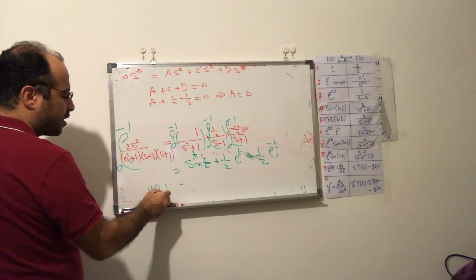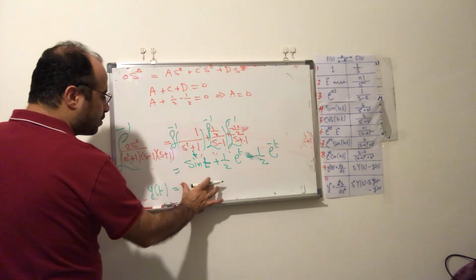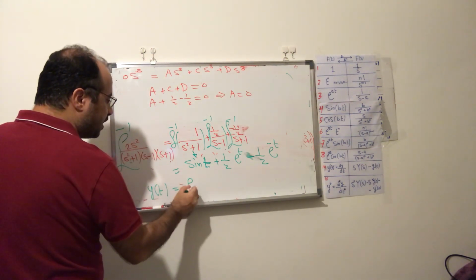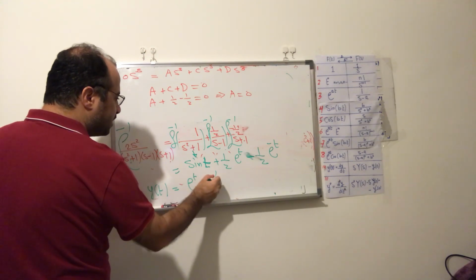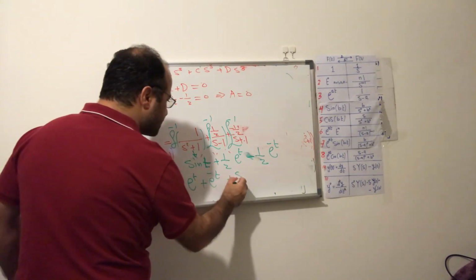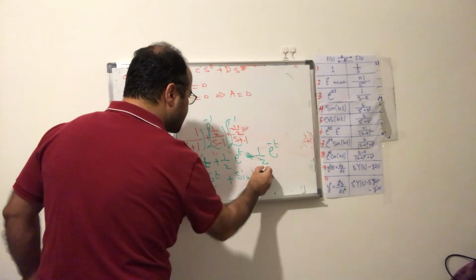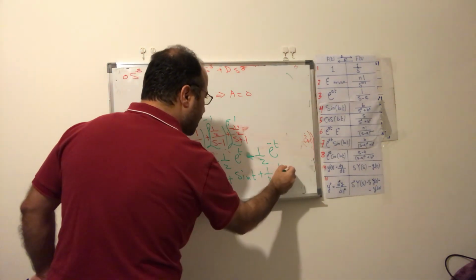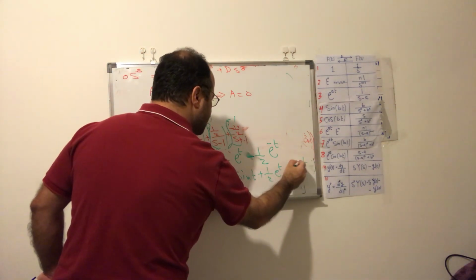So this is the second part for y of t. If I still remember, y of t is supposed to be 2 parts. The first part gives me e^t plus e^(-t), and the second part gives me sine t plus half e^t minus half e^(-t), right?